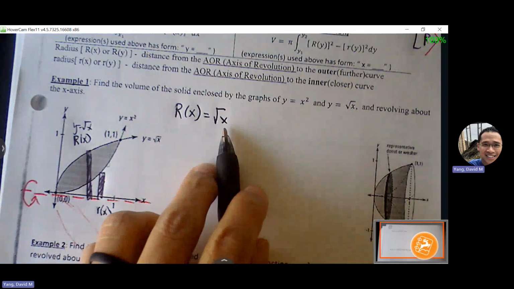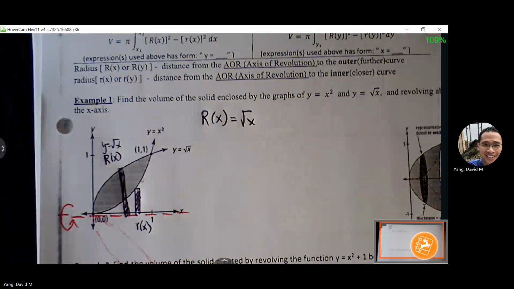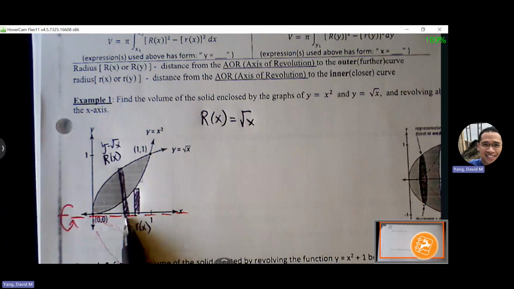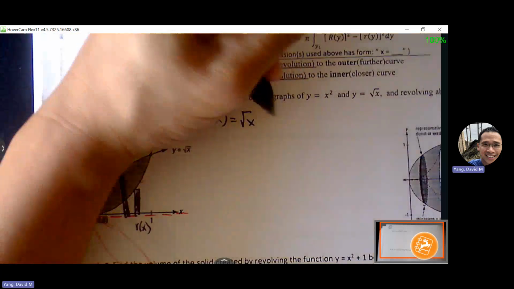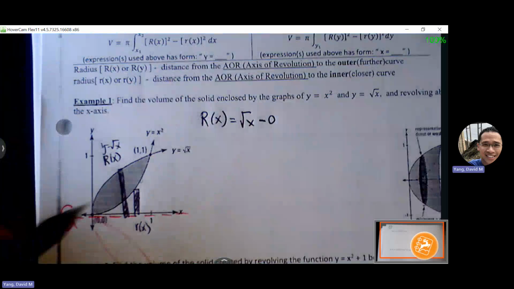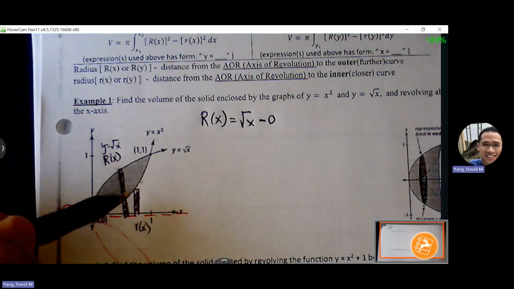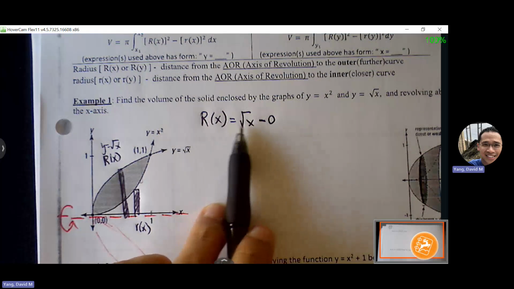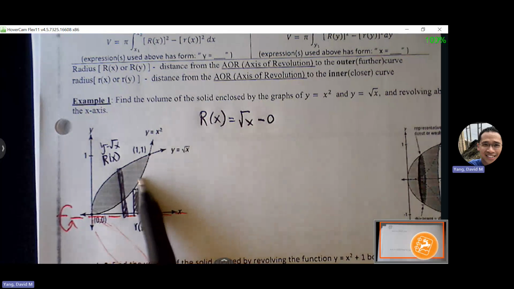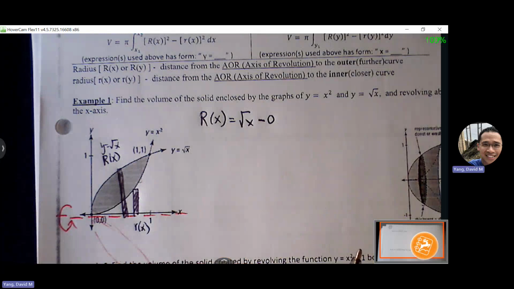Okay, so top minus bottom, square root of x minus what's the bottom of big radius sitting on? 0, minus 0. Now, if we want to find the area, we would do root x minus x squared. But we're building our radius here, so we're never going to subtract between the two graphs.